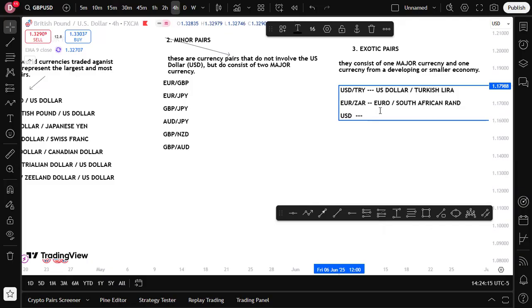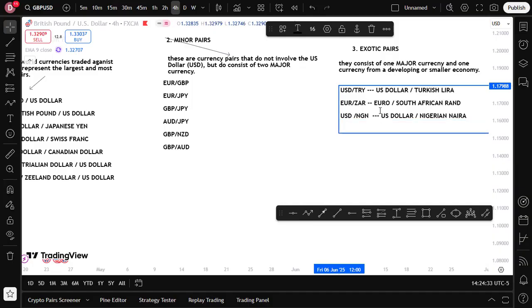So you can see the US, okay, let me put this in NGN. So this is the US dollar compared with the Nigerian Naira.